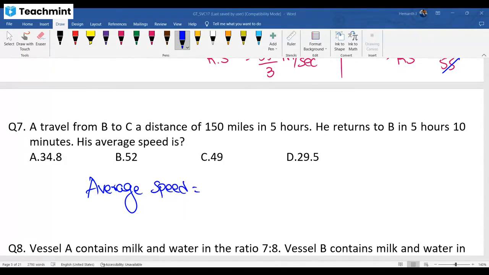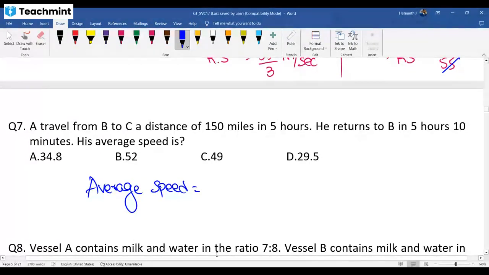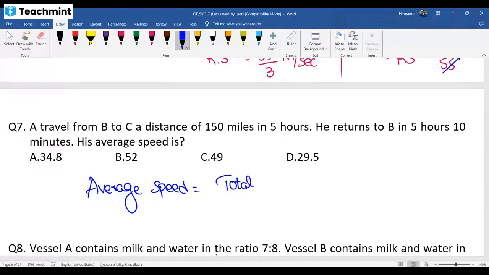Try average speed. Few of your friends are responding. Remaining, you please check. Average speed is total distance divided by total time. Total distance is what? 150 miles you travel from B to C and return also 150 miles.